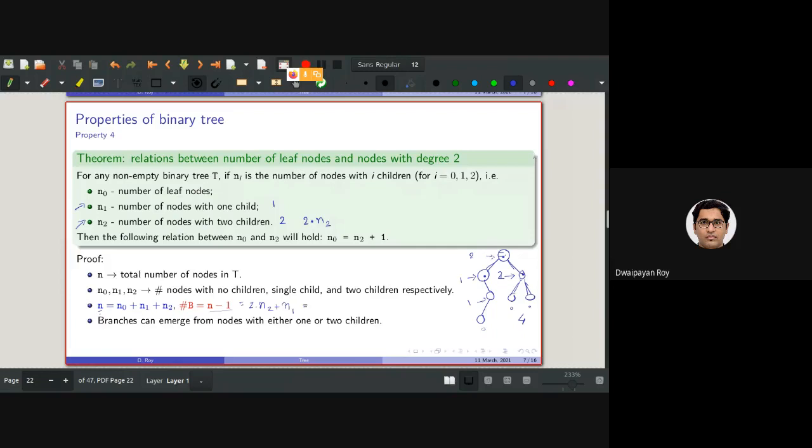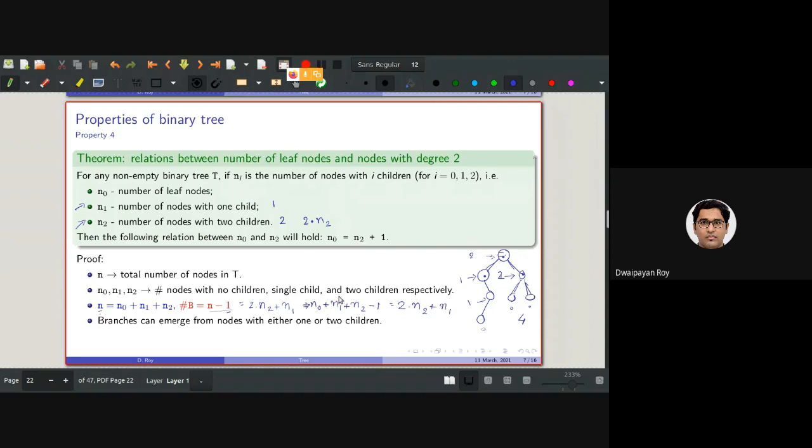If I replace the value of n here, it will be n0 plus n1 plus n2 minus 1 equals 2 into n2 plus n1.